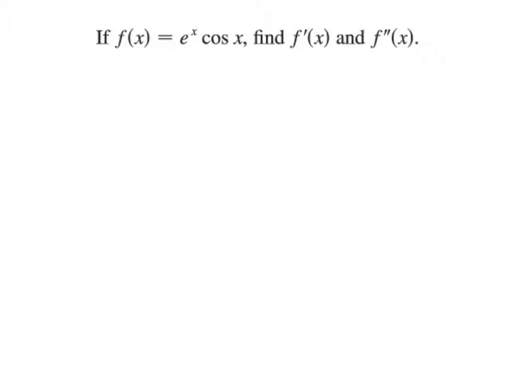All right, now as you are finding f prime of x on this, the first derivative, as you go to do that, the starting question, do I need to use product rule in this case? Yes. Because in this problem, I have a function times another function. And anytime you have a function times a function, yes, you're going to have to use product rule.